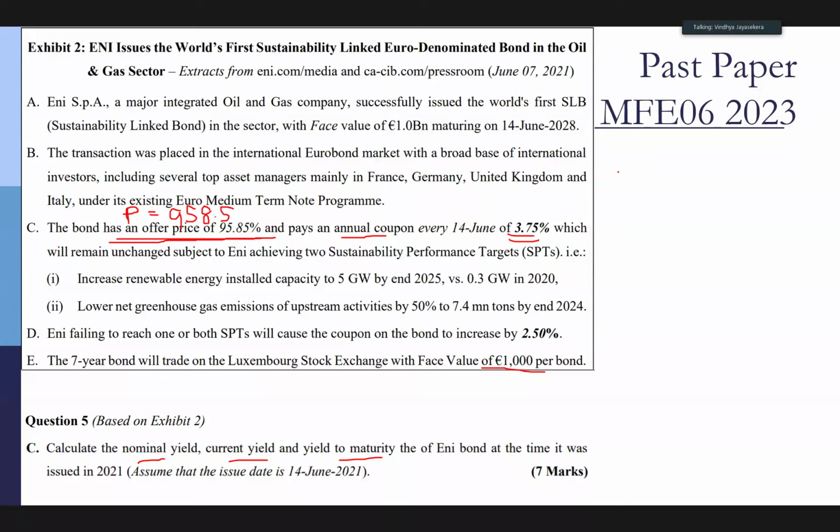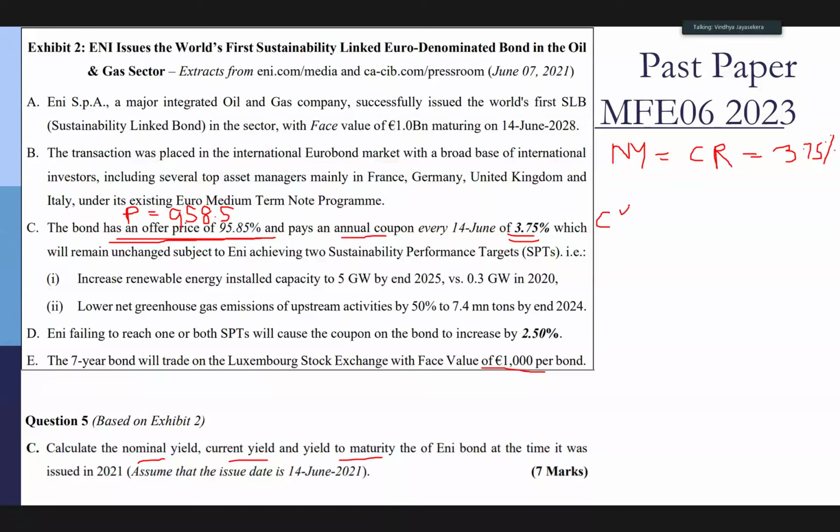So based on this, nominal yield, we don't have to do any calculations. Nominal yield is equal to the coupon rate, which is equal to 3.75%. No calculations required, right?